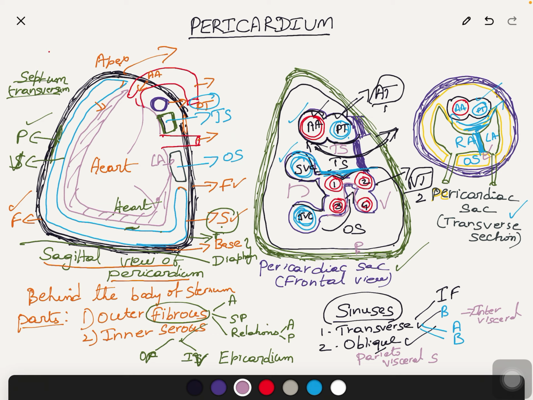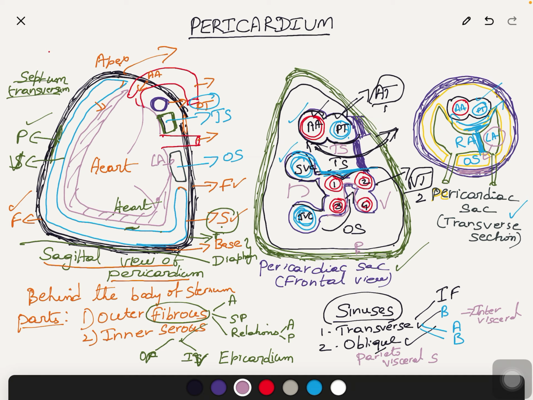Now we will see the boundaries of the oblique sinus: in front, behind, above, right side and left side. In front is the left atrium. Behind is the parietal layer of serous pericardium covering the posterior part of the fibrous pericardium.